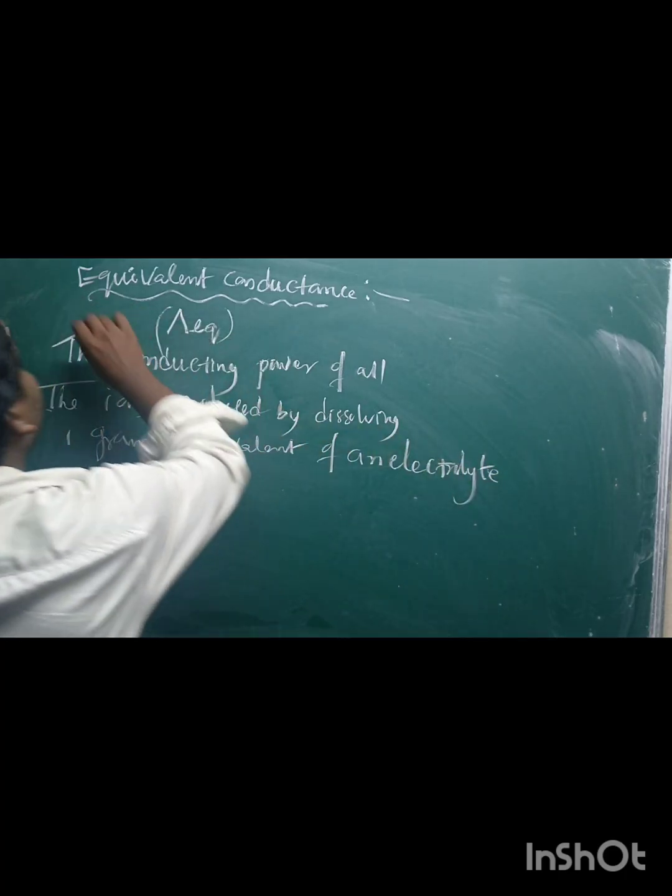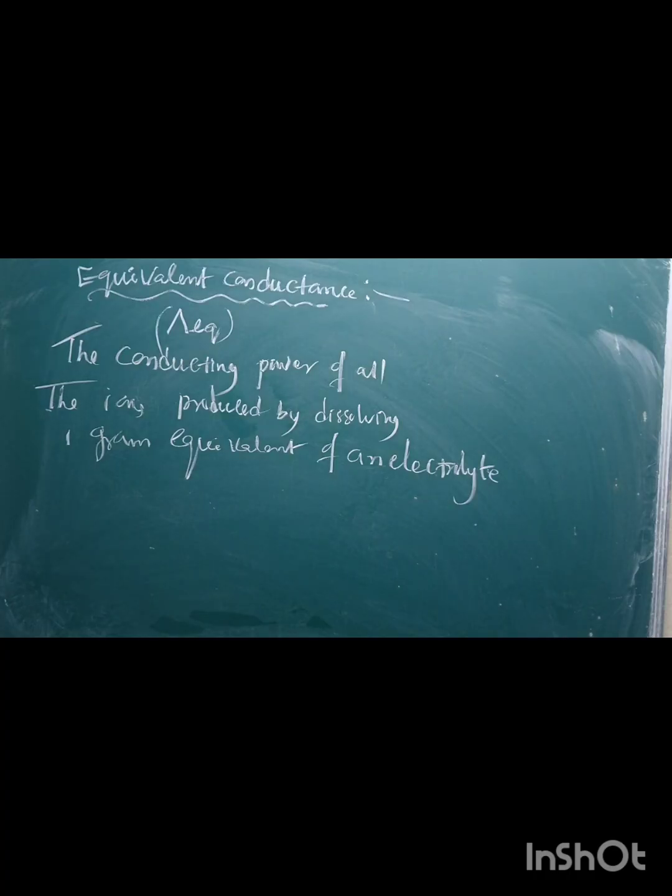Or, the conductance of a volume of solution containing 1 gram equivalent of the electrolyte placed between two parallel electrodes separated by unit length, 1 centimeter, is also called equivalent conductance.